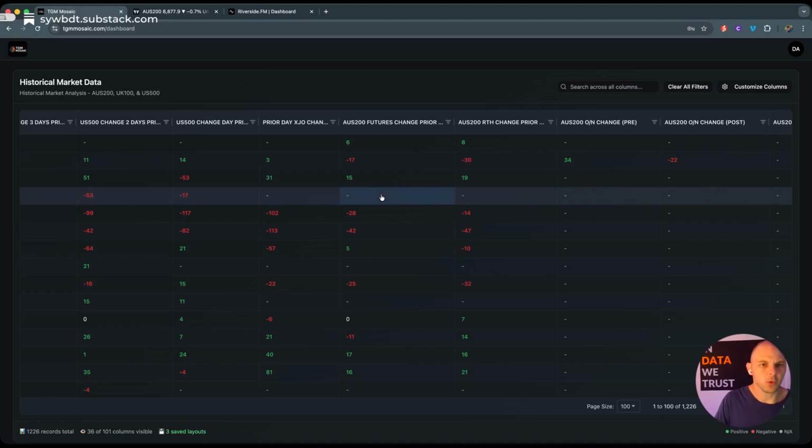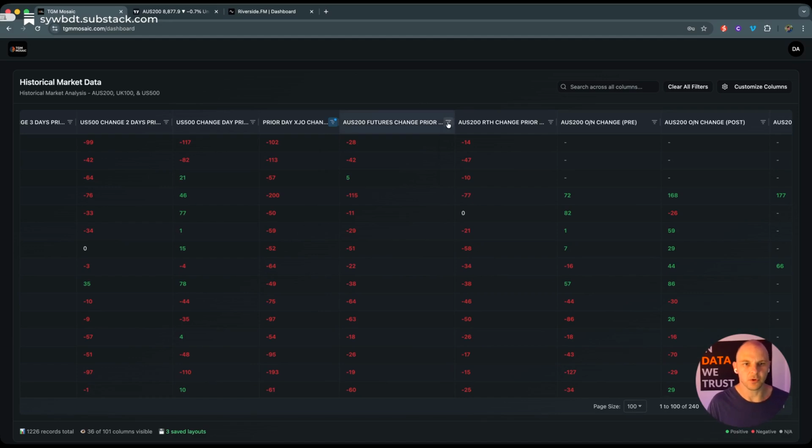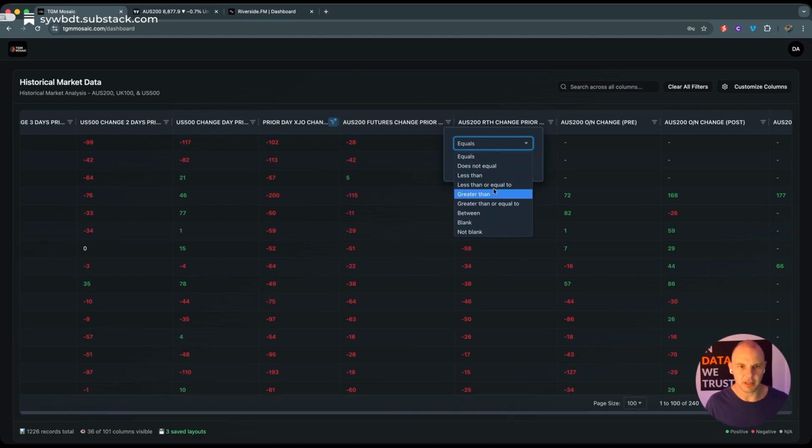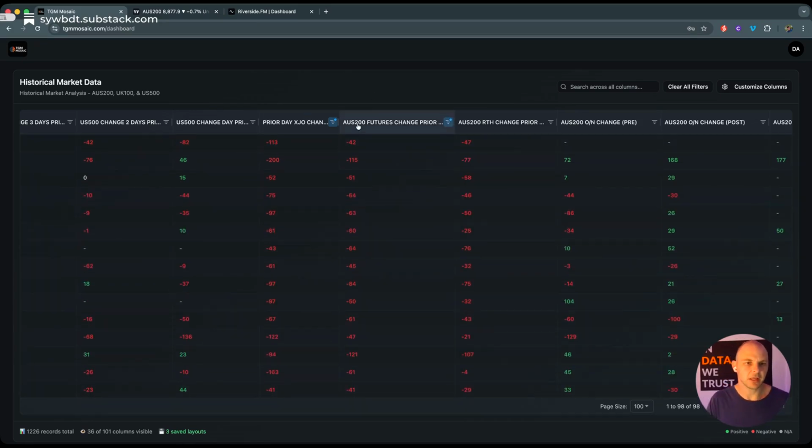What else have we got here? Let's give another example where, okay, let's say prior day XJO's fallen and the futures have fallen. It doesn't mean that they're always the same, these two. But in this case, let's filter for when the XJO's fallen, so that basket of 200 has ended lower than the day before, so it's actually bearish, as well as that futures change from the open in the morning to the close is also down.